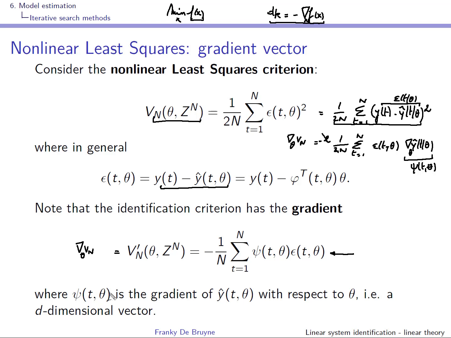Okay, as I've said, psi t theta is the gradient of the one step ahead prediction with respect to theta. So this is really a d-dimensional vector. Okay, so this quantity over here is a vector.